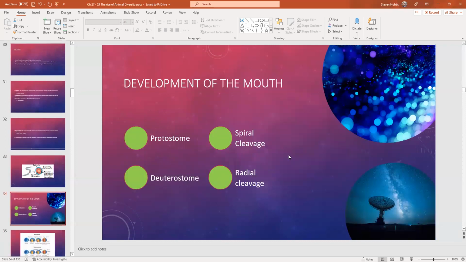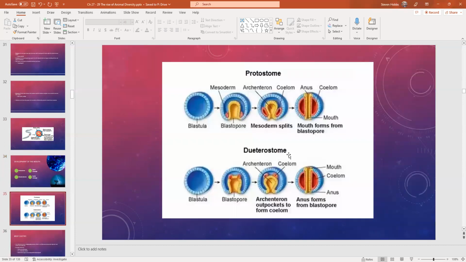Now, with the development of the mouth, we can have the protostome or the deuterostome. Protostome, the mouth forms first. The deuterostome, the anus forms first. We're also going to find that protostomes start to develop through spiral cleavage. Deuterostomes use radial cleavage, and I'll show you a picture of that here. So for a protostome, here's the blastula. That's the original cells as they're starting to form the embryo.